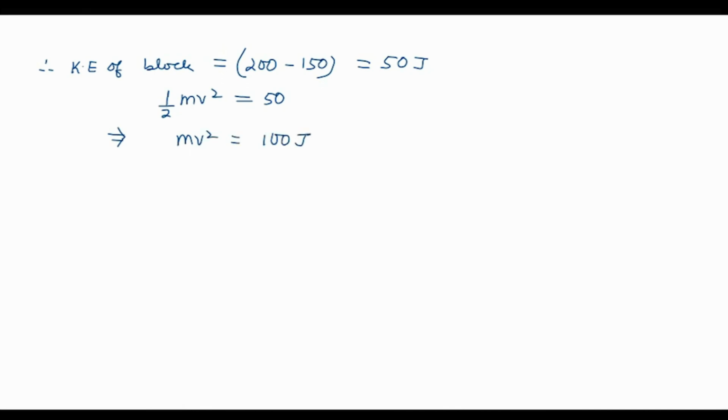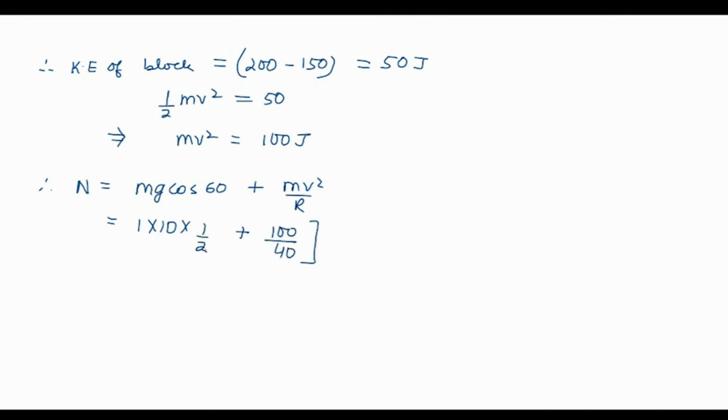Now in the problem we are asked to find mg cos theta plus mv square by r. So the normal reaction force which the problem is asking is equal to mg cos theta plus mv square by r. If we start putting the values, we have 1 kg into 10 into cos 60, which is half, plus mv square which is 100, and radius is equal to 40.